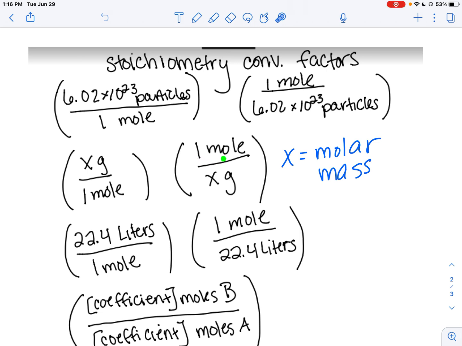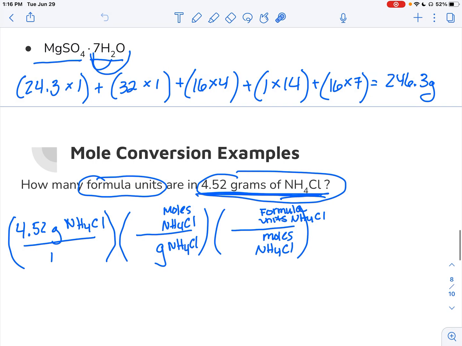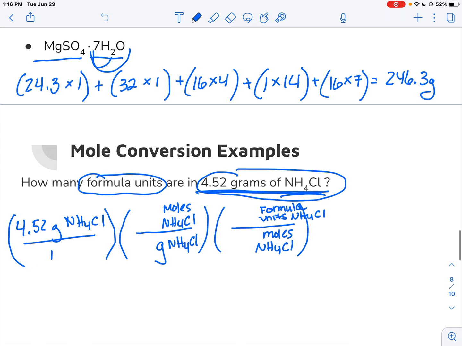So 1 goes with moles, and then X is the molar mass. That's what we were just finding before. So 1, we're going to write for moles. And then X, you find the molar mass of NH4Cl, which is 53.4.